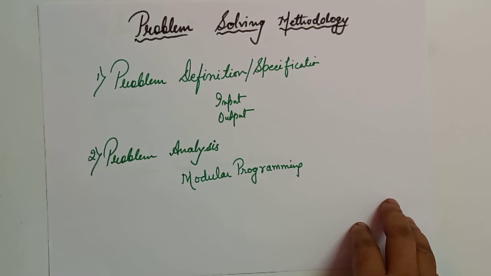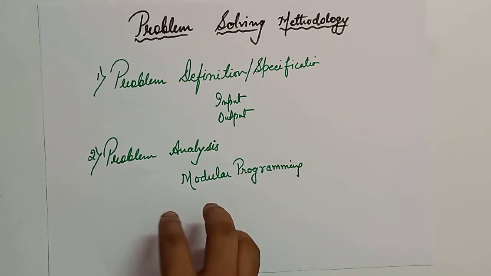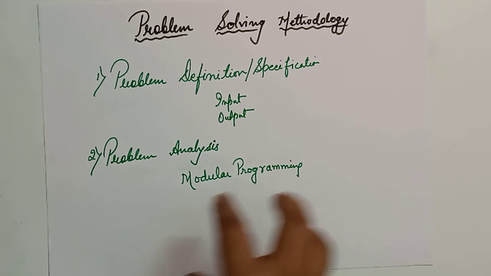It means that the content of each function is cohesive and there is low coupling between them. There are two methods available for modular programming: top-down design and bottom-up design. So modular programming means writing programs as functions.